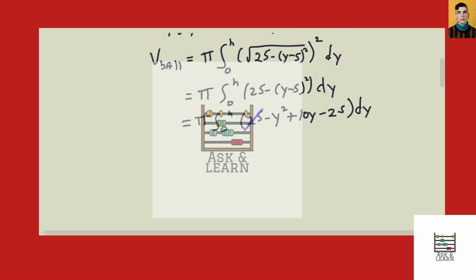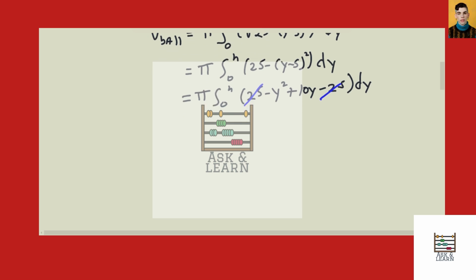And 25 minus 25 is 0, so those cancel out. So I end up with pi times the integral of 10y, so that's 10y squared over 2, minus y cubed over 3, evaluated from 0 to h.